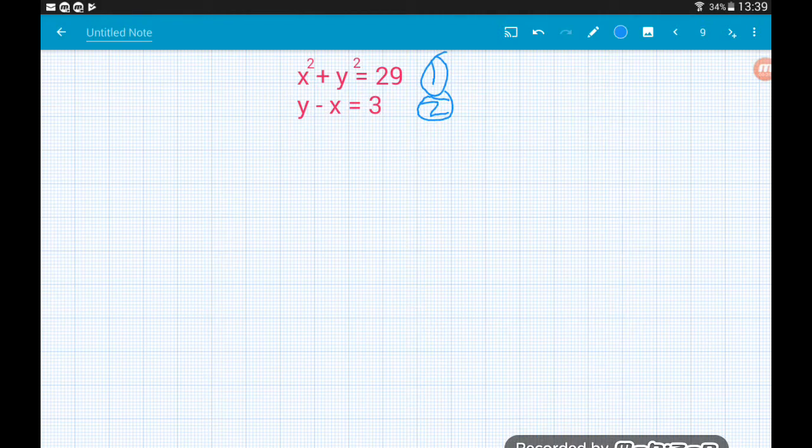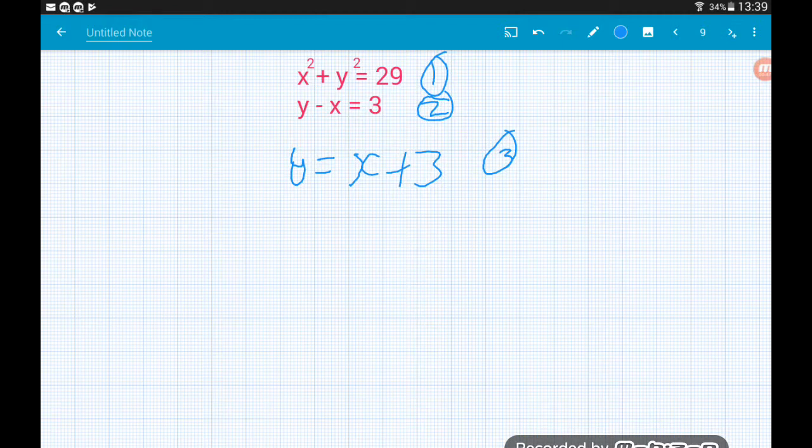So the linear equation is equation 2, and again we need to do a bit of jiggery-pokery to get an equation for y in terms of x, and what we're going to do is add the x, and that will give us y equals x plus 3, and we're going to call that equation 3.